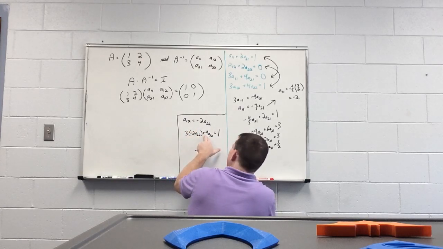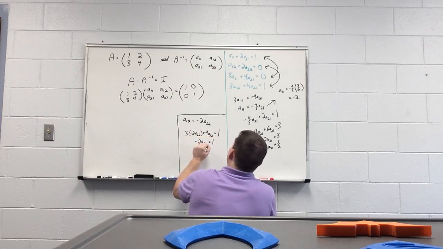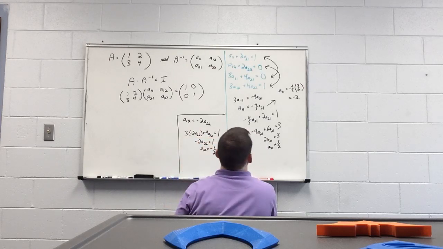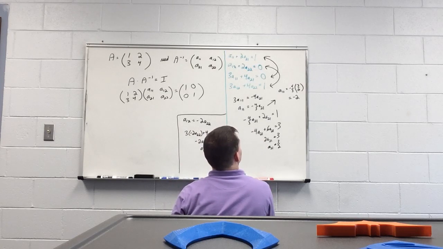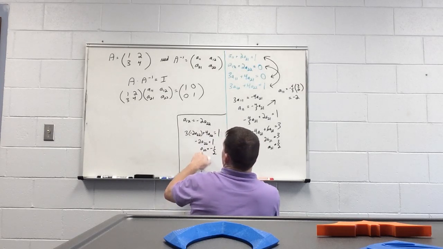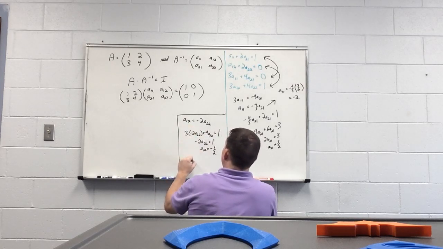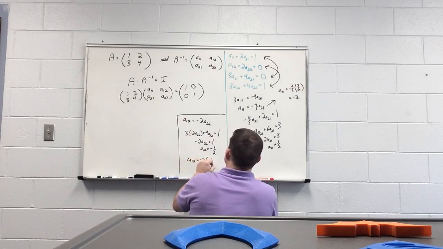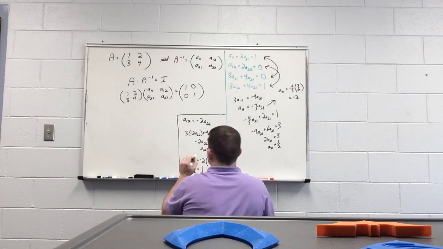Negative 6 plus 4 is negative 2A22 is equal to 1. So A22 is negative 1/2. And then stick that in up here. A12 is equal to negative 2 times negative 1/2, which is positive 1.